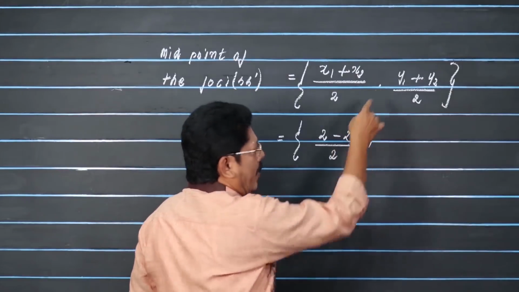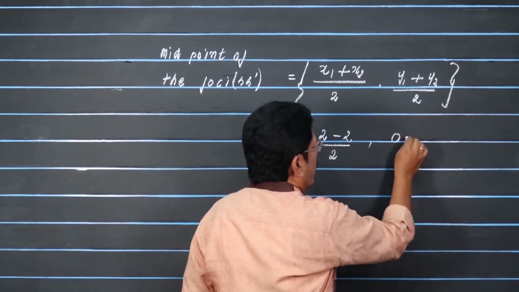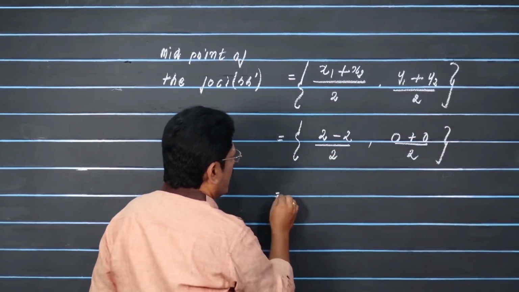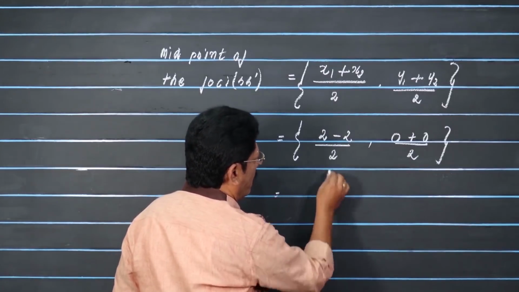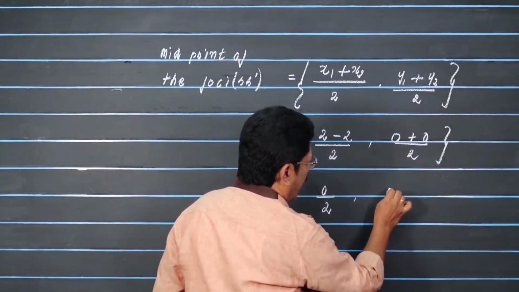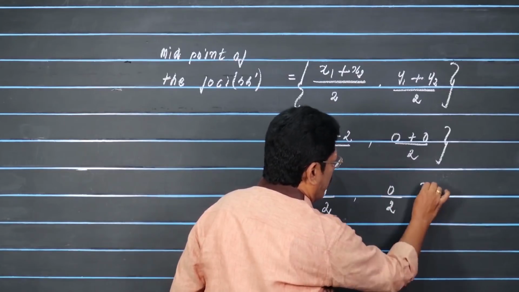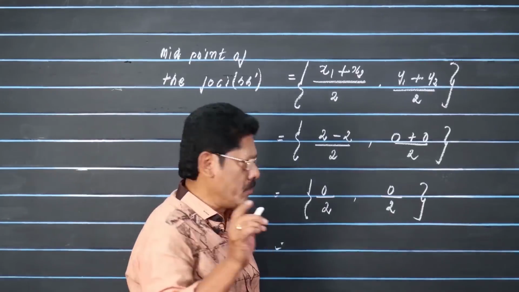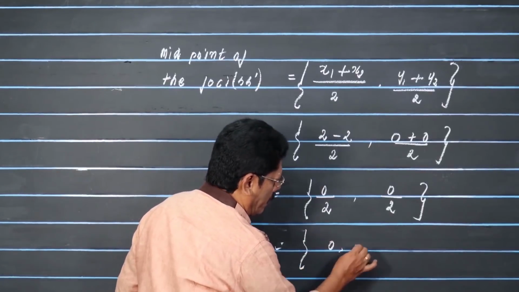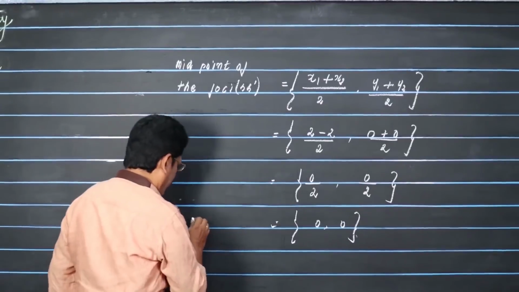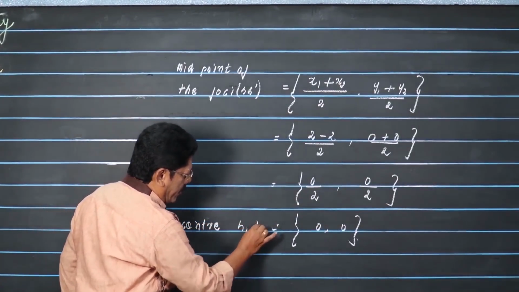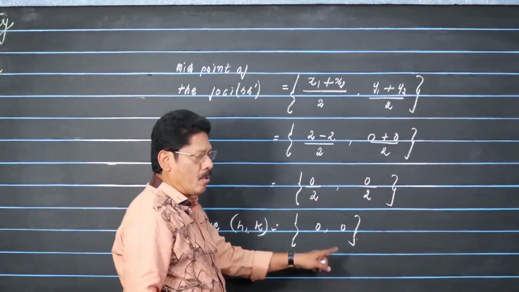The value of y1 is 0. Similarly, the value of y2 is also 0. So 2 minus 2 will give you 0 by 2, and that is also 0 by 2. 0 by any number is equal to 0. Therefore, the center H, K is equal to 0, 0.